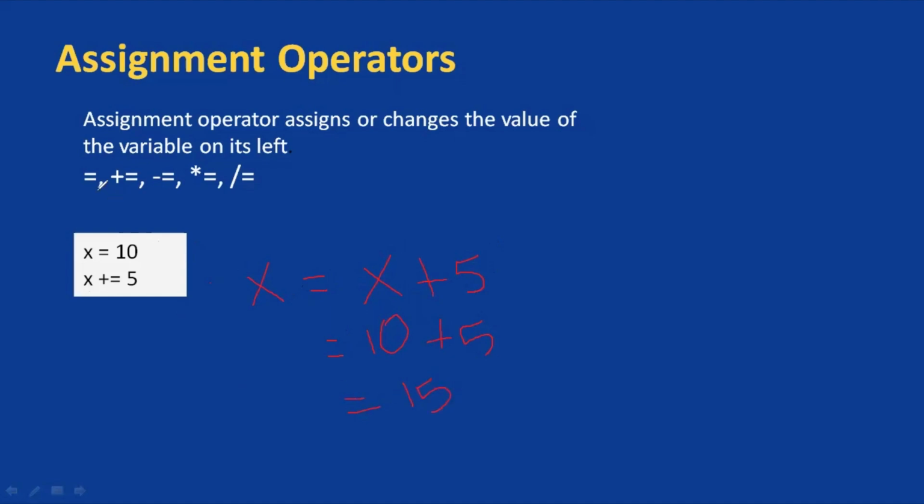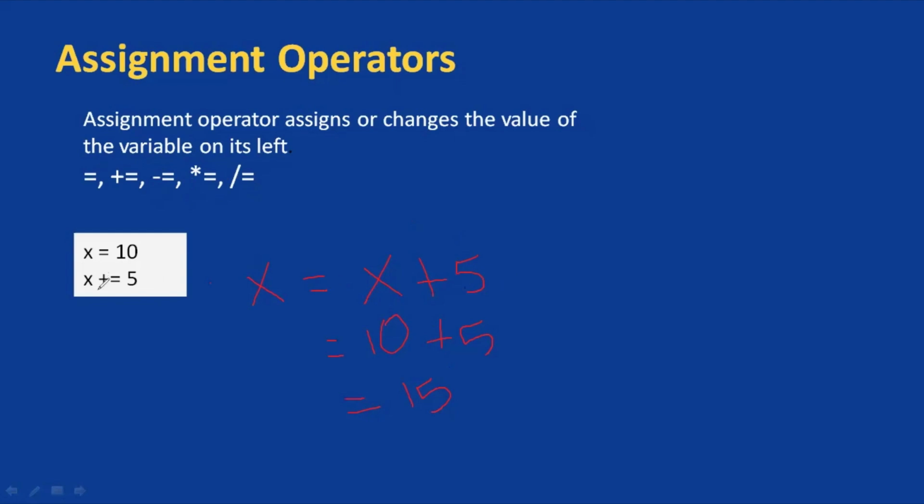We have plus equal to, minus equal to, star equal to, division equal to. These all work like this. x plus equal to 5 means x equal to x plus 5.